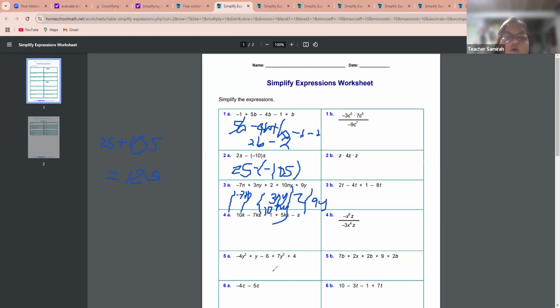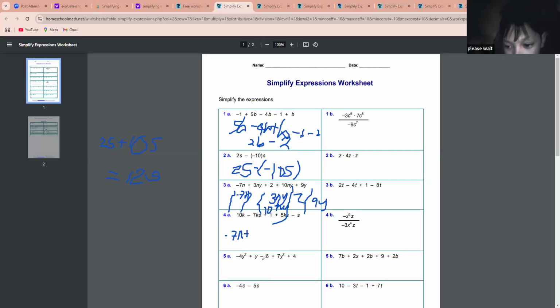I think we already wrote everything. So negative 7n, copy, because there is no other term with only n present in the algebraic expression. And then 3ny plus 10ny. 3 plus 10 is 13. Copy the variables n, y.